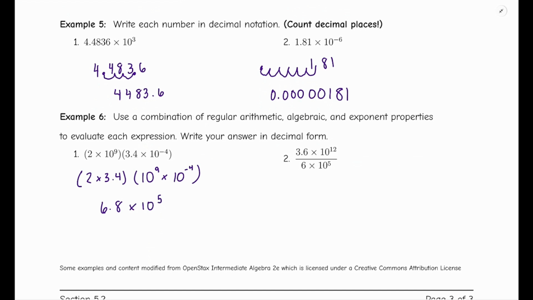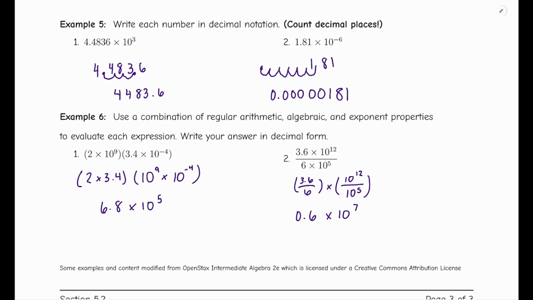When dealing with fractions, it is the same way. This is going to become 3.6 over 6 times 10 to the 12th over 10 to the 5th. So that becomes 0.6 times 10 to the 7th. But this gives us a good practice because this is not proper notation because it is less than 1.